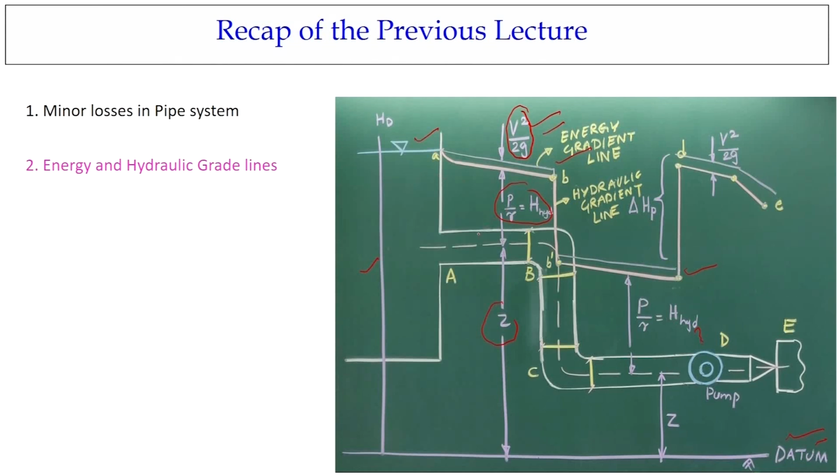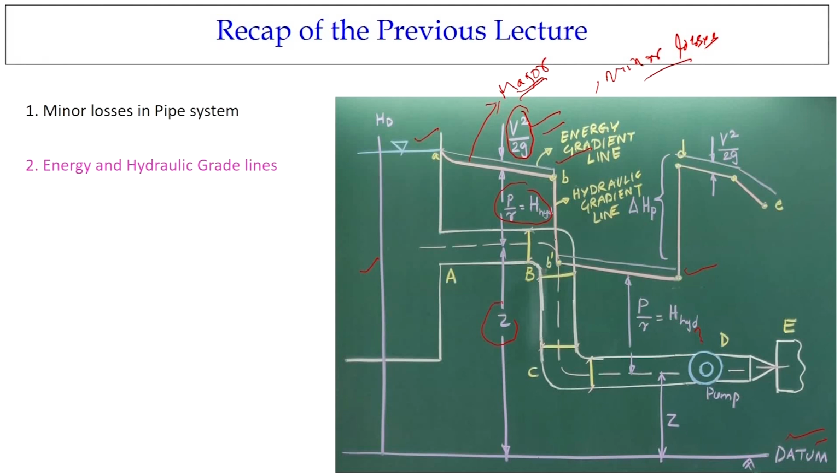As you go, there are energy losses. The losses in the pipe are what we call major losses, and the bends, entry point and exit point we call minor losses. And these losses we already quantified in the last class.